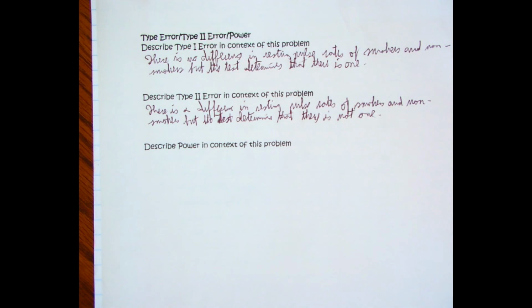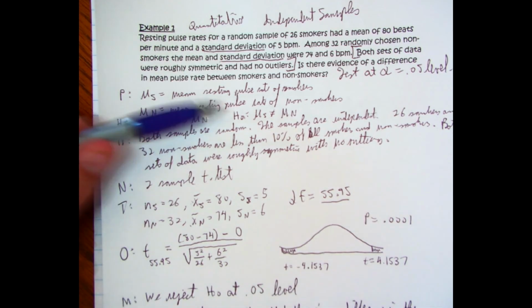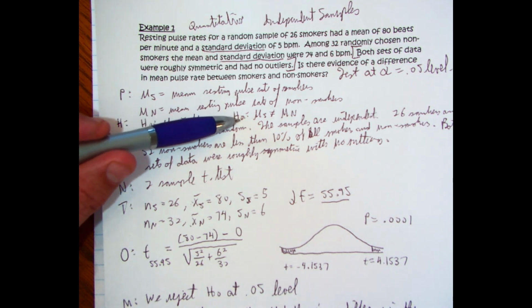Okay? And then power, of course, goes with the fact that the alternative hypothesis is true. So in this case, and this is true, okay? So in our test, we determined that there is a difference.